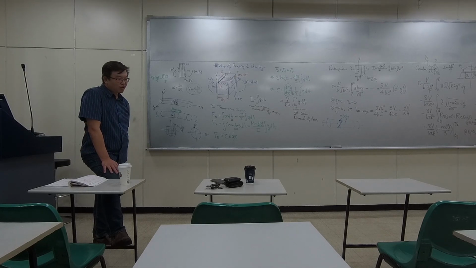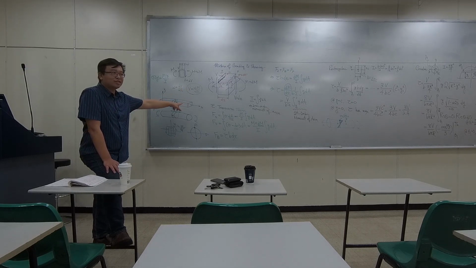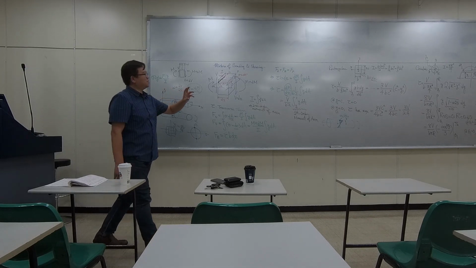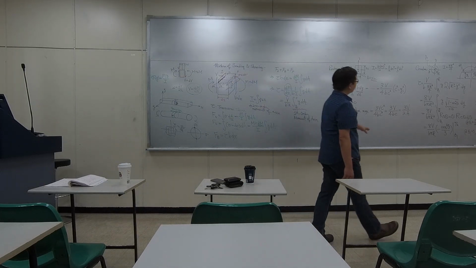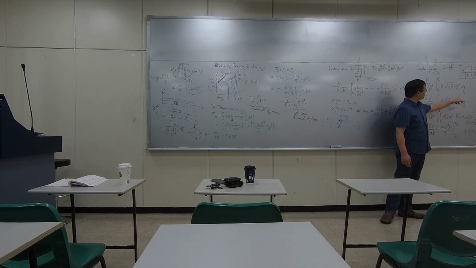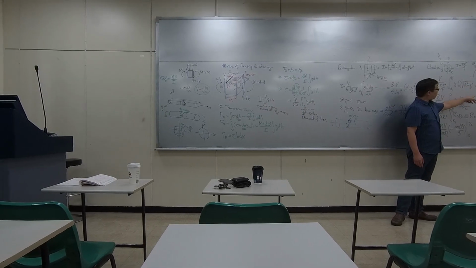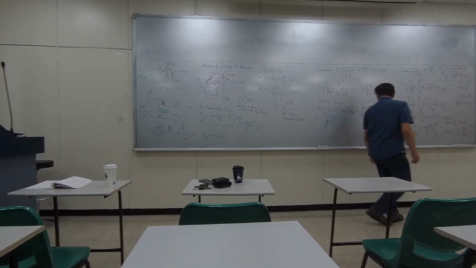Since we still have some time, any questions about what I did? So the tricky part of this math is actually right here. How you can change your coordinate from y to theta, and how you deal with this.